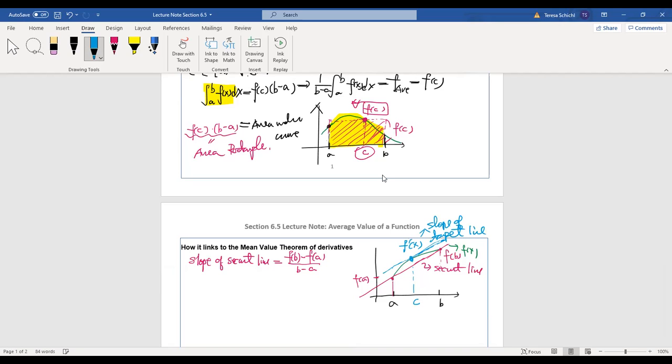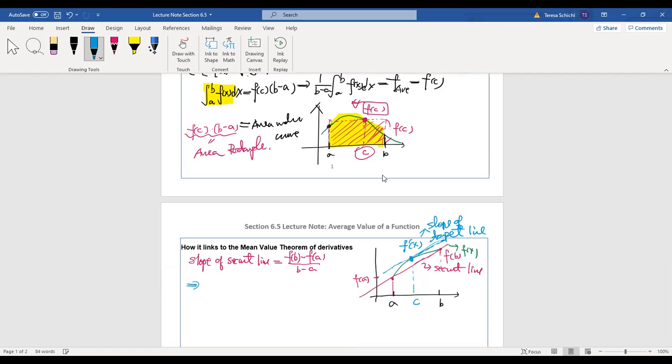So that's why the mean value theorem of the derivative says there exists a c such that if you find the tangent line through c, then the slope of this tangent line will be equal to the slope of the secant line.